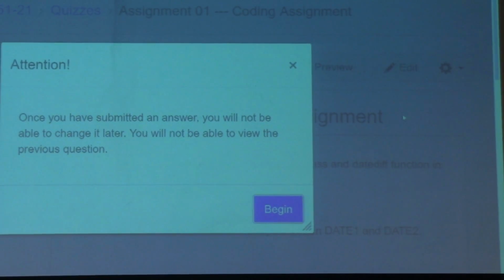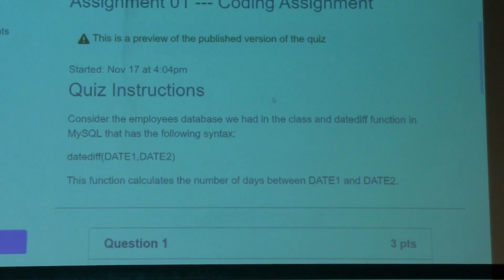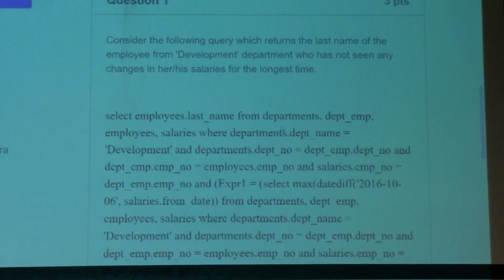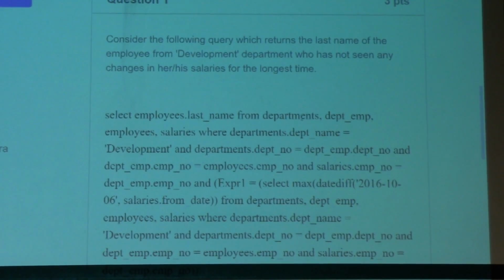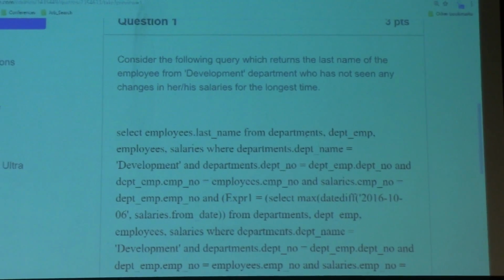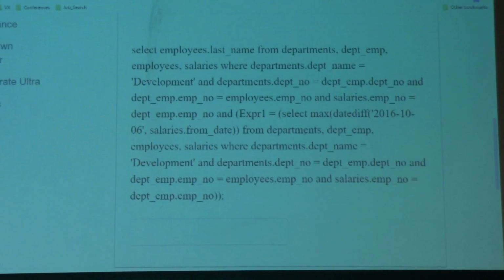Okay, so what is the question? Consider the following query which returns the last name of an employee from the development department who has not seen any changes in her salary for the longest time. It's a very interesting query. So we need to put the condition over here. What is the condition? This expression.